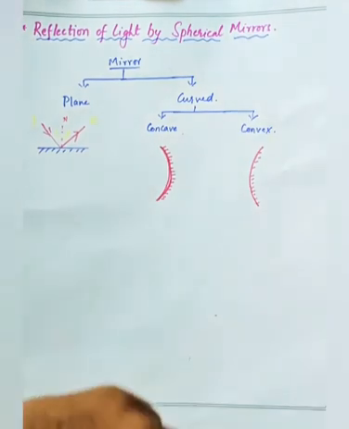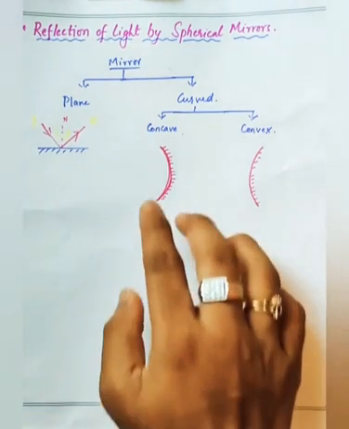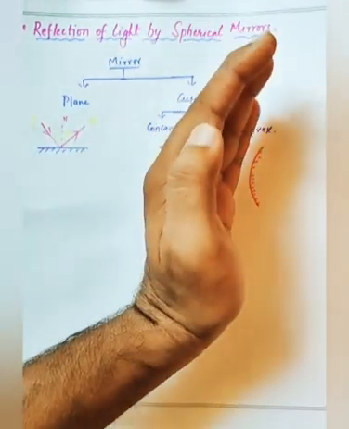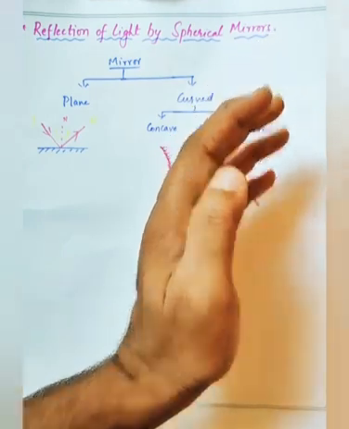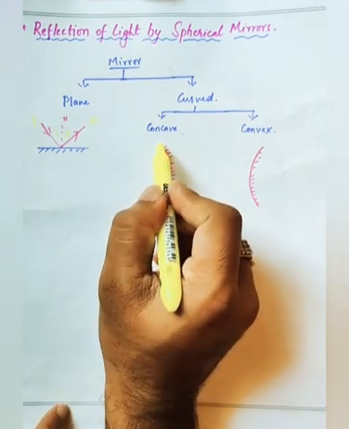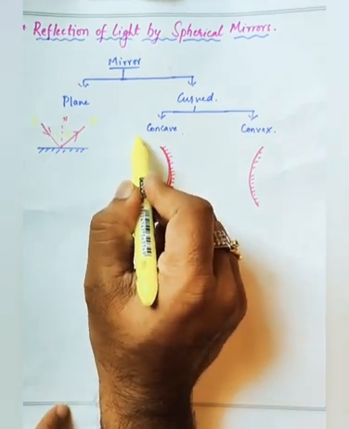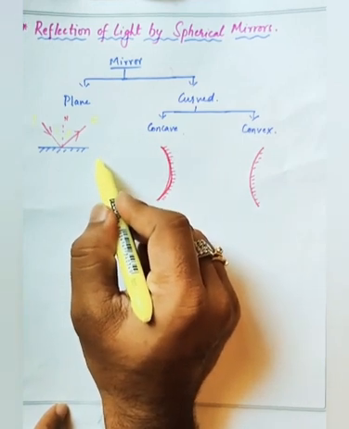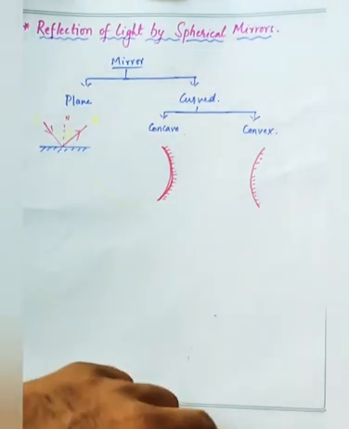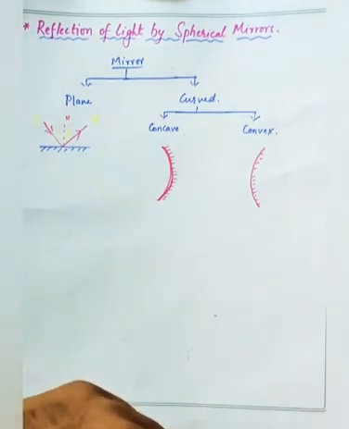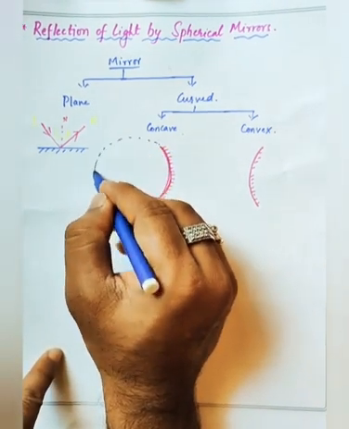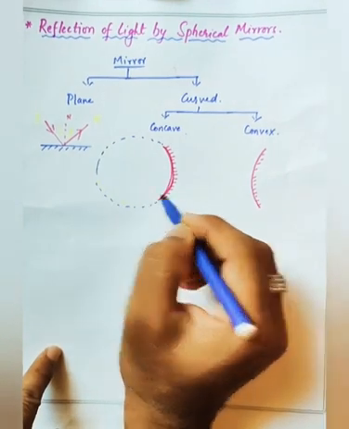So why is it called a spherical mirror? Because this mirror is a part of a sphere. Here this is the reflecting part, and here we have one more mirror, where this is the reflecting part, but this mirror is also a part of a sphere. For example, if I extend this, it makes a complete sphere.